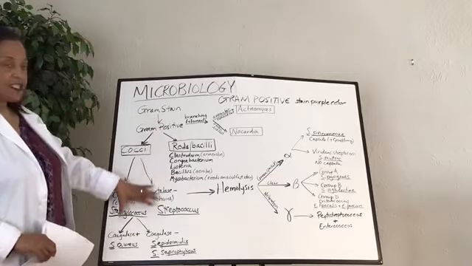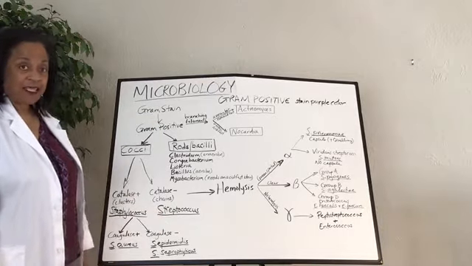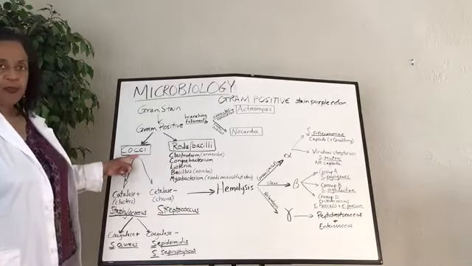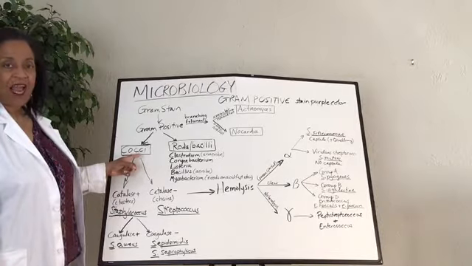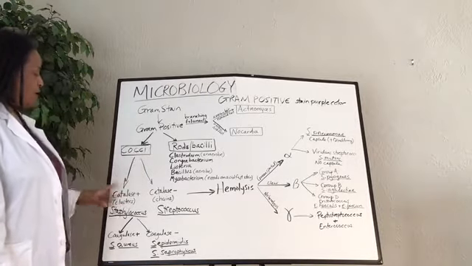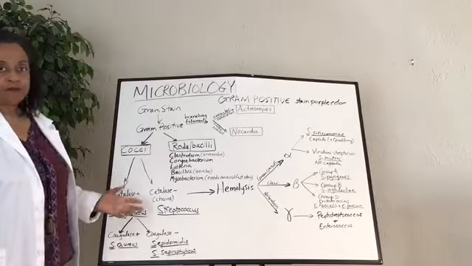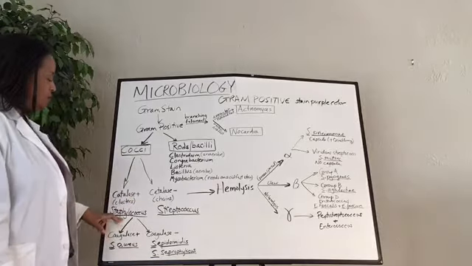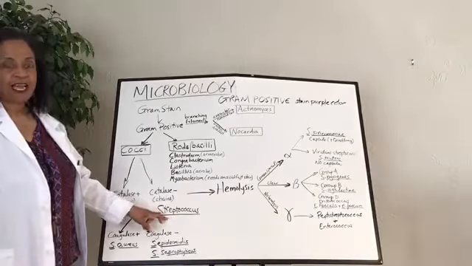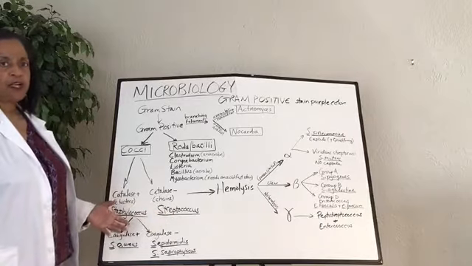First, let's go down this column here where we talk about the cocci. Remember, the morphology for cocci are round. For that category, of course, we're going to talk about Staphylococcus and Streptococcus. These are two pretty big groups.